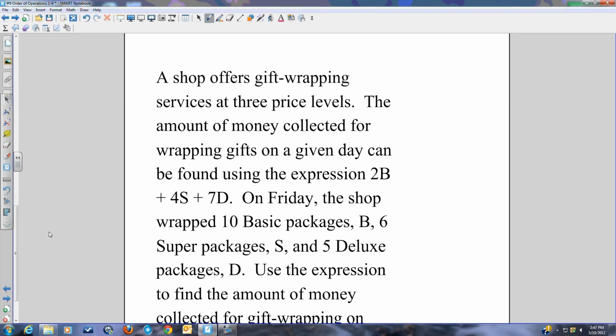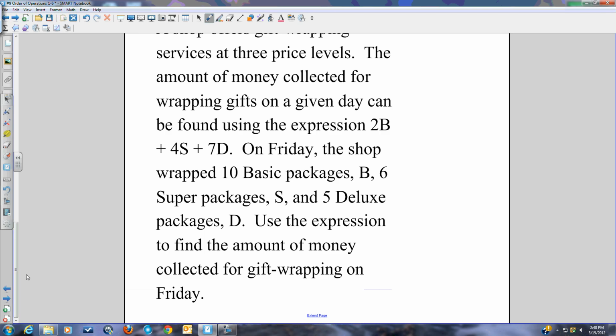On Friday, the shop wrapped 10 basic packages, B, 6 super packages, S, and 5 deluxe packages, D. Use the expression to find the amount of money collected for gift wrapping on Friday. And what I'd like you to do is before the next class, try this. Think about what we did in terms of substitution, and let's compare answers when we come back to class.